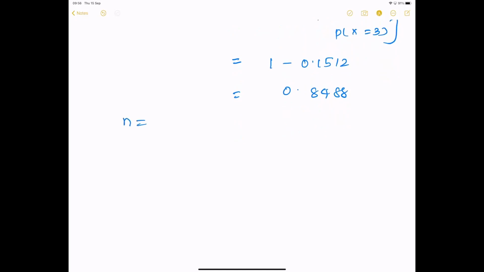Here they sampled 100 cookies they have selected. So we have the probability 0.8488.